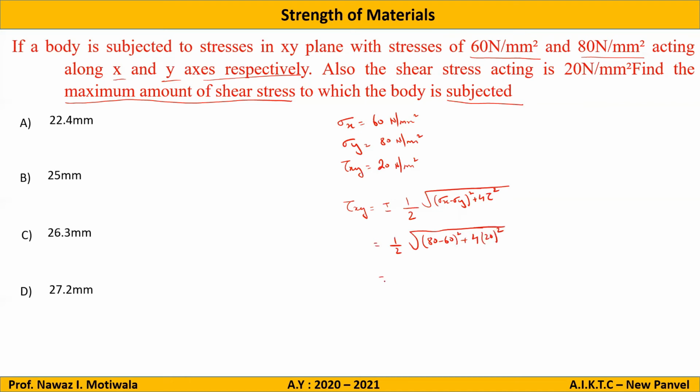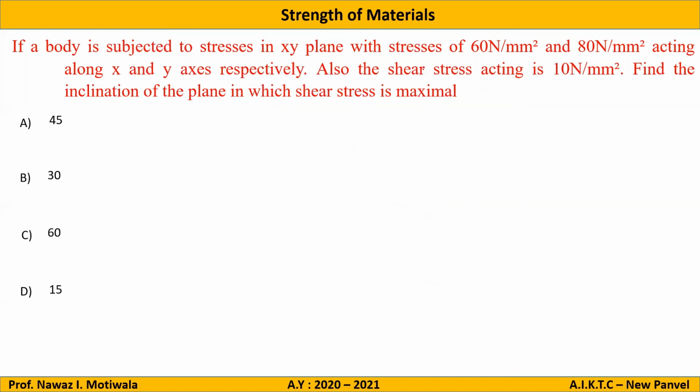If I solve this entire term, I will get the answer as 22.36. If you see the units here, the units are wrong. It should be Newton per mm square. All the units given are wrong here. So it should be 22.36 Newton per mm square, which is this one option. Same question is there.